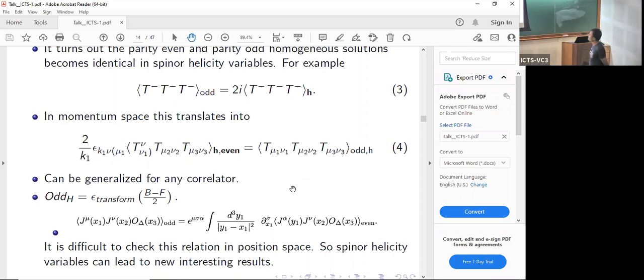I didn't understand your notation. What is K1? Yeah, sorry. So the stress tensor at momentum K1, the stress tensor at momentum K2. This is the 3-point function at K1, K2, K3. K1 is a vector, right? K1 here, so epsilon mu nu rho, I have contracted one of the epsilon indices with the K1 indices. And outside it is mod of K1.